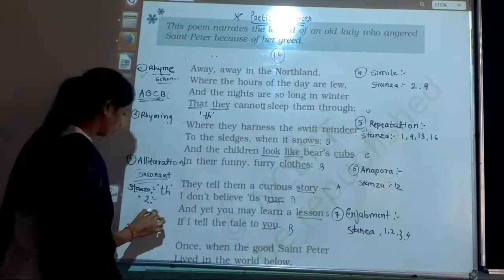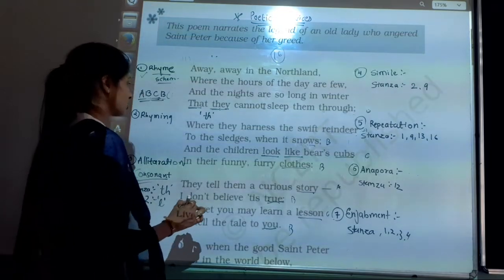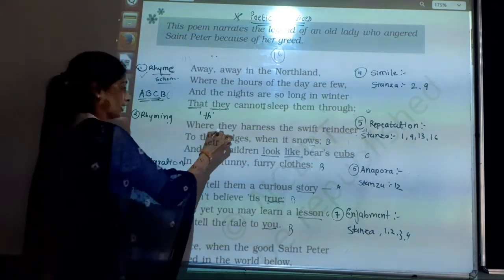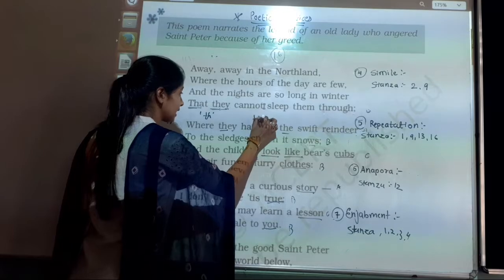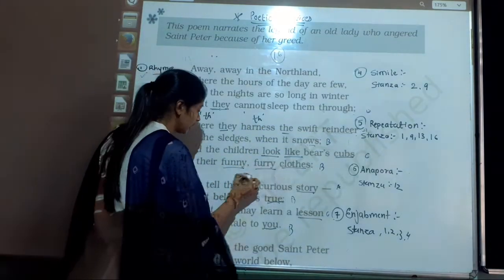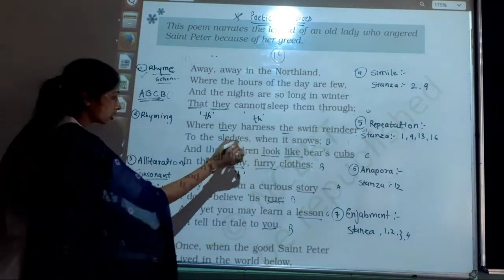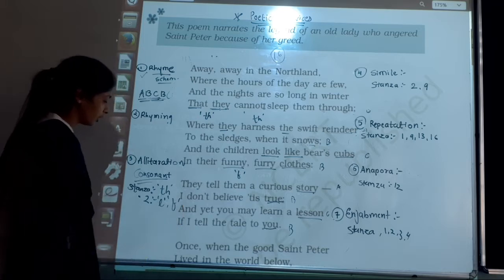It gives us which sound? L sound, right? Then funny and fury, F sound repeated. So in the second stanza, look and like, F also repeated.